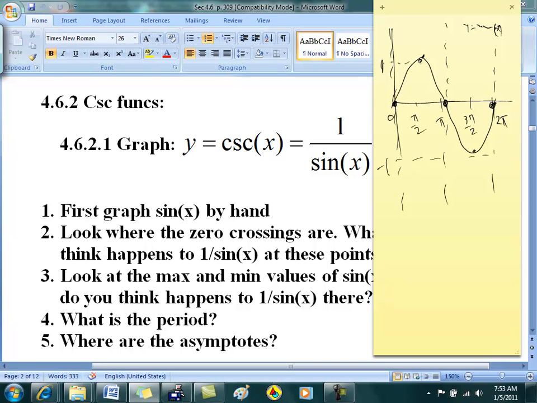So your graph's going to go through that point. At this place here, it's going to be 1 over negative 1. What's 1 over negative 1? Negative 1. So the graph's going to go through that point as well. And then between this dotted line here and that dotted line there, that's an asymptote. So your graph is going to look like this.